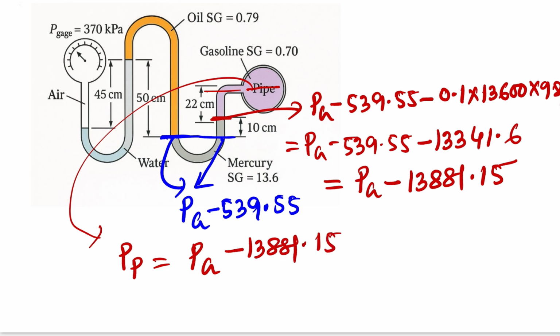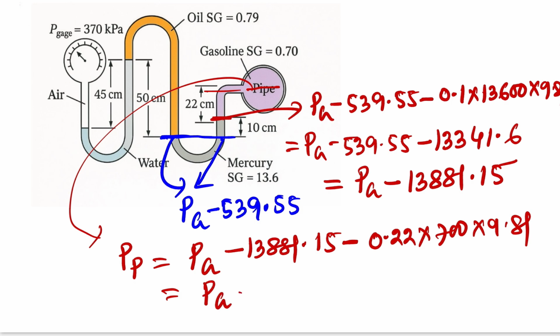Then because of the 22 centimeter height difference, again minus 0.22 into the density of gasoline in the pipe, which is 700, into 9.81. If I do the calculation, that will be PG minus 1539.89. So that is PP.